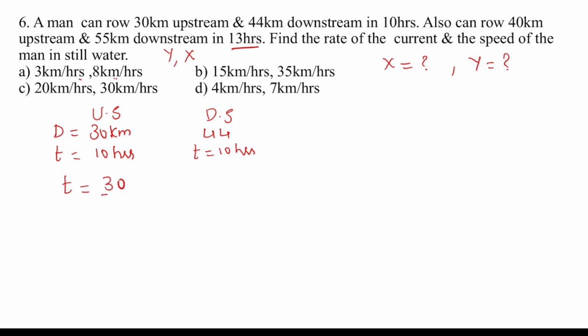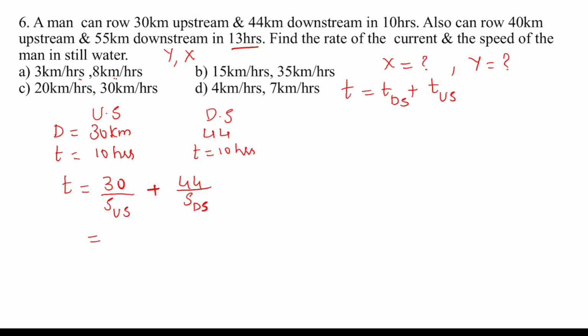Total time is nothing but time taken to go downstream plus time taken to come upstream, isn't it? So 30 divided by speed of upstream plus 44 divided by speed of downstream.